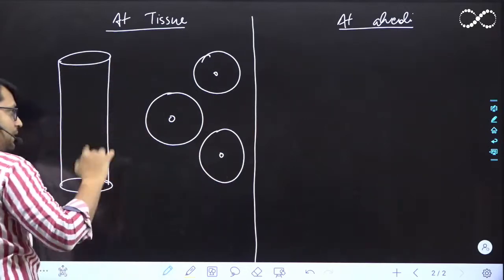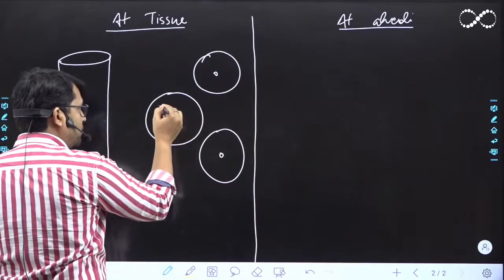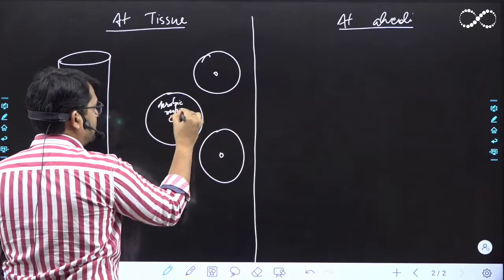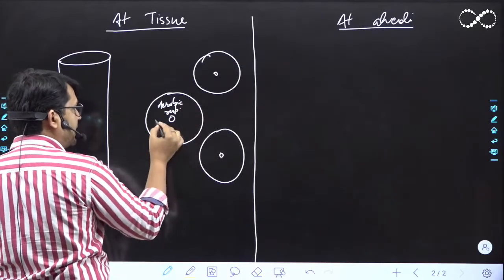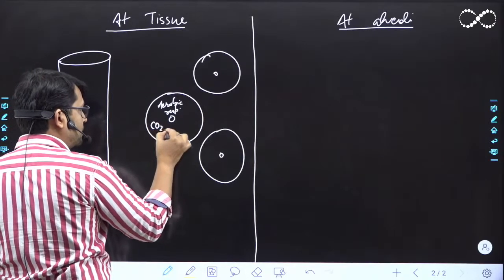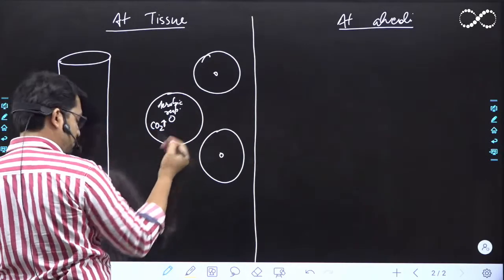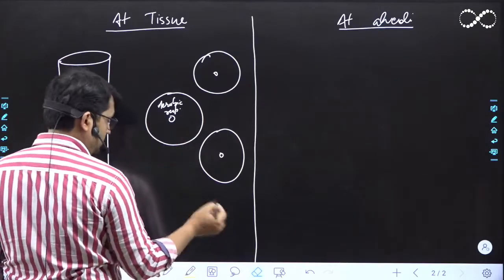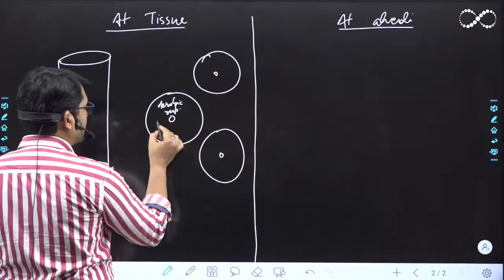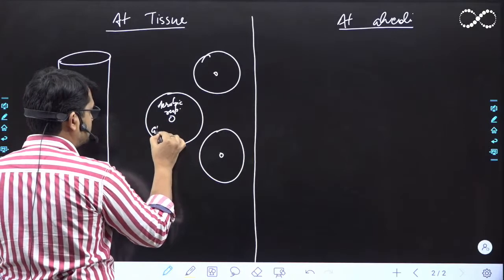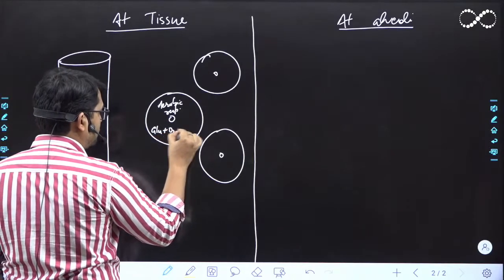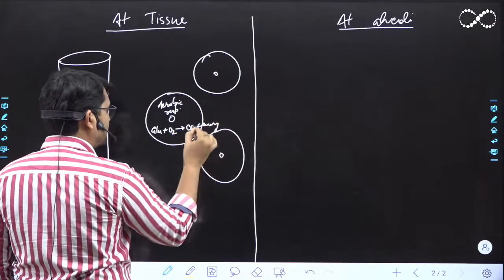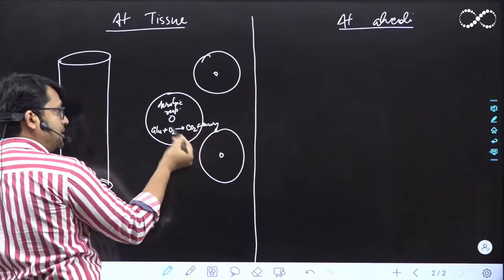So in the tissue cells there is aerobic respiration going on. As a result of that, O2 is consumed and CO2 is produced, correct? So glucose plus O2 is giving CO2 plus energy, correct? So this CO2 is produced and O2 is consumed.